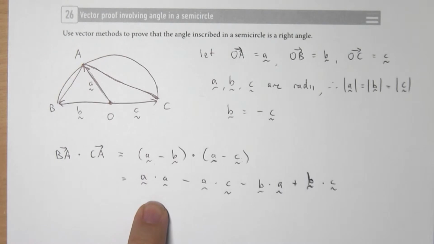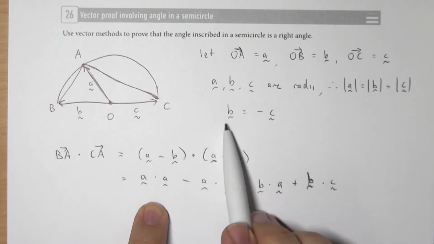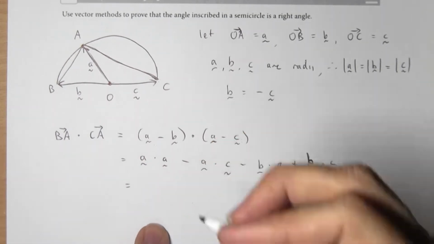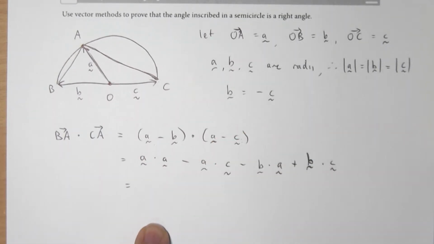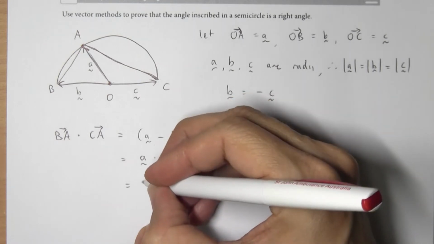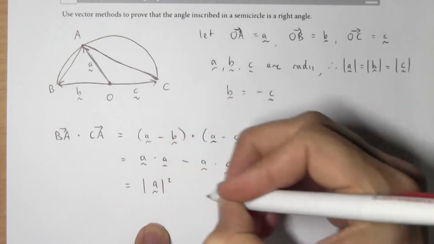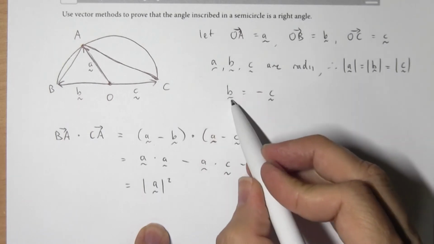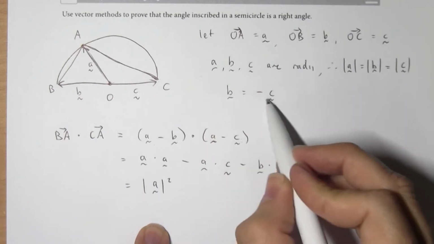Now, a dot a is the length of a squared. c, remember, is negative of b. So this is mod a squared.